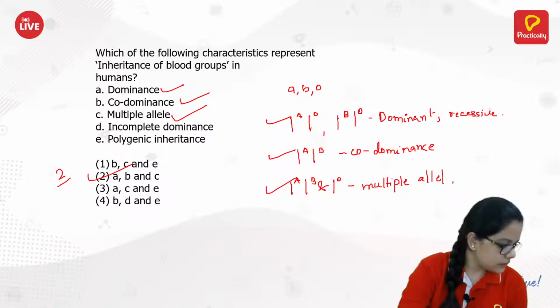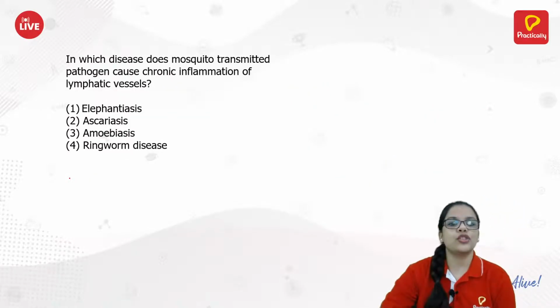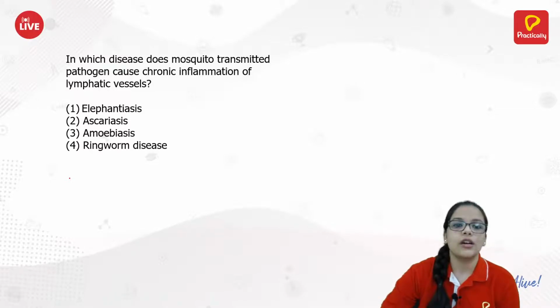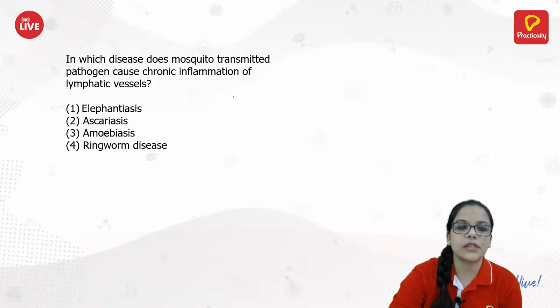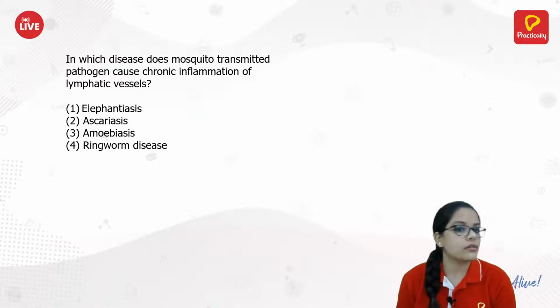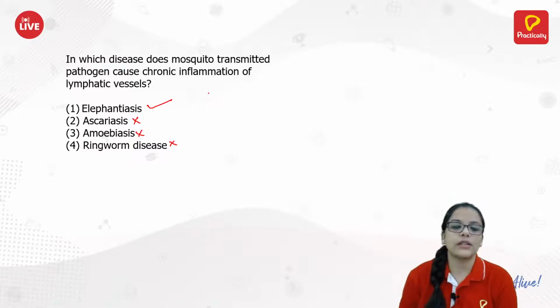Next, in which disease does a mosquito transmitted pathogen cause chronic inflammation of lymphatic cells? Okay, mosquito transmitted pathogen. Ascariasis is not mosquito carried, amoebiosis is not mosquito carried. Ringworm disease is also not. So it is elephantiasis. Elephantiasis, what happens?